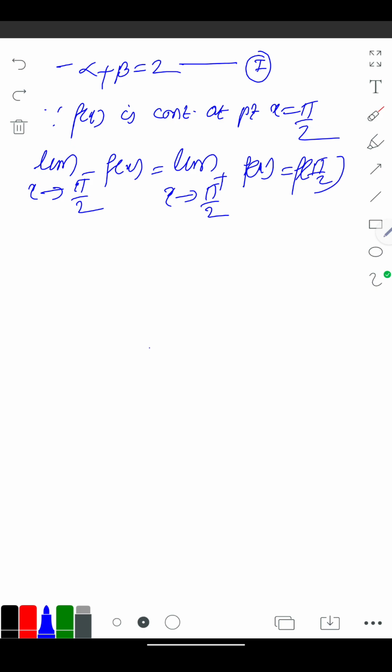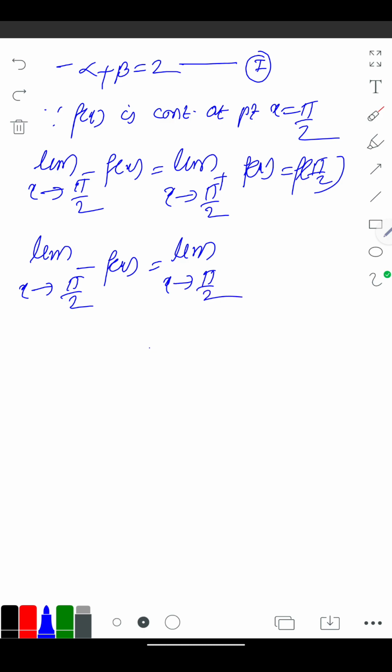First we evaluate the left hand limit. Limit x tends to pi by 2 from the left of f of x is equal to limit x tends to pi by 2, and here we write the function for x approaching from the left, that is, the function on minus pi by 2 to pi by 2, which is alpha sin x plus beta.